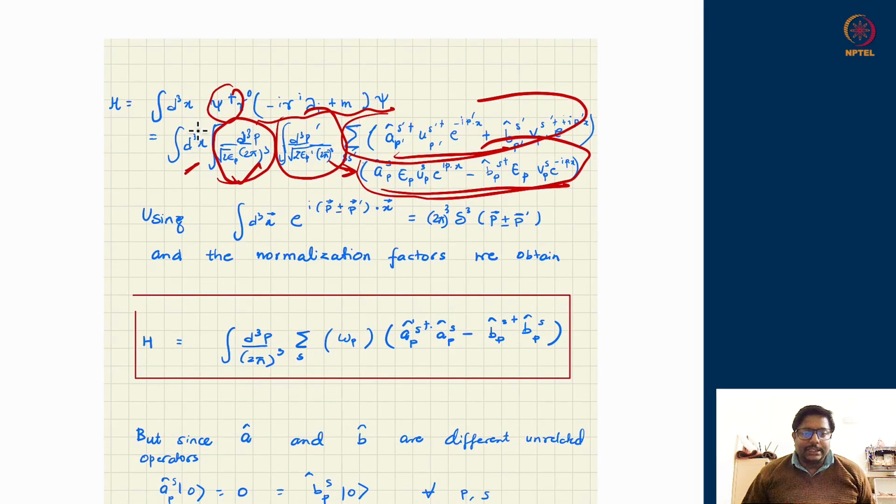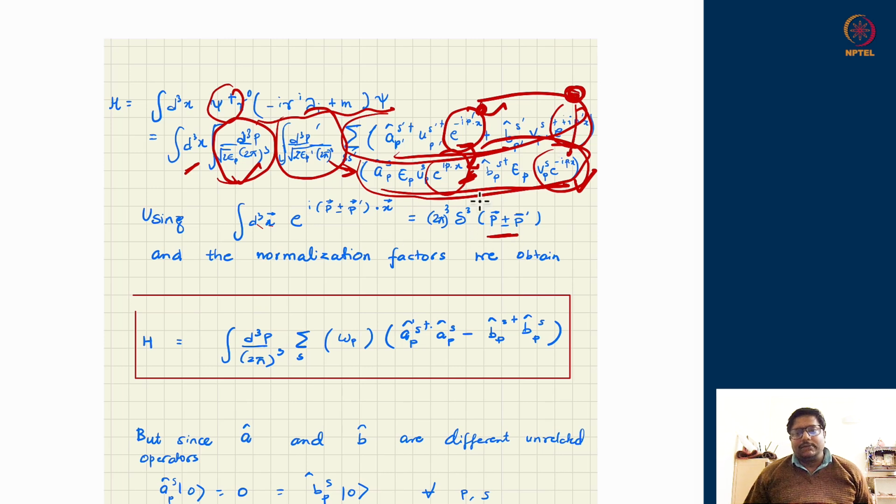Now you see the d3x integral will just see the spatial dependency. Spatial dependency is coming only in the exponentials. Then you can use the fact that spatial integrals of the exponential give rise to a delta function, p plus p prime or p minus p prime, depending upon whether you combine this with this, you combine this with that, or the second term with the first of the next term and the second term of the second of the next term.